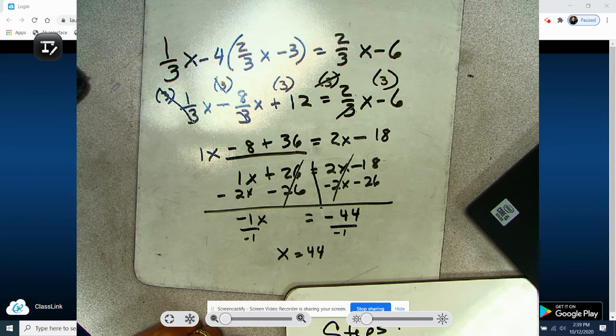Then you're going to add the opposite of the constant on the left to both sides of the equation.